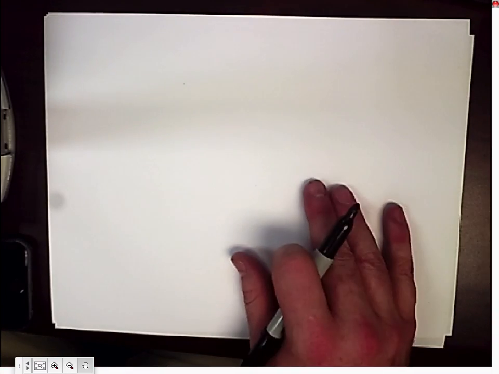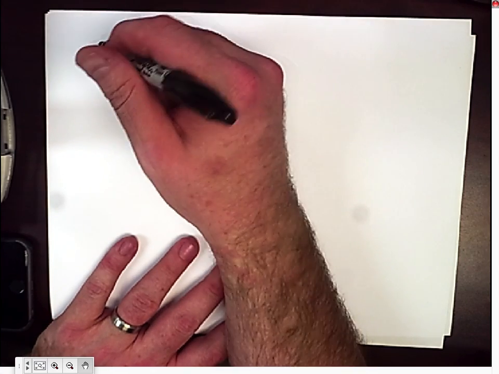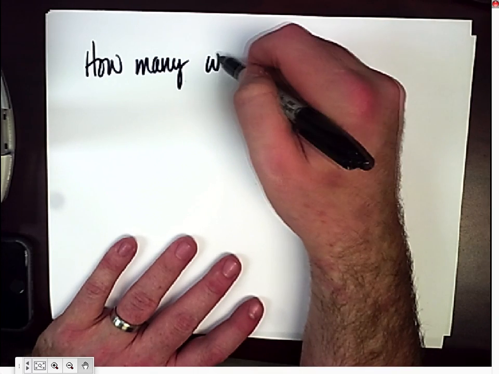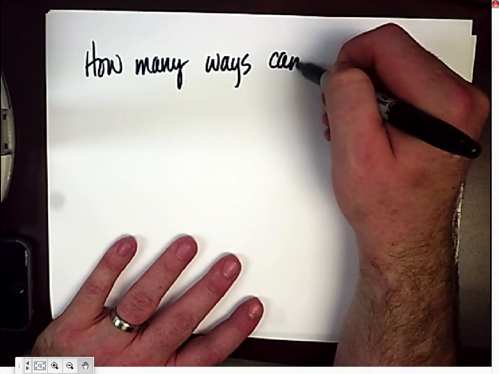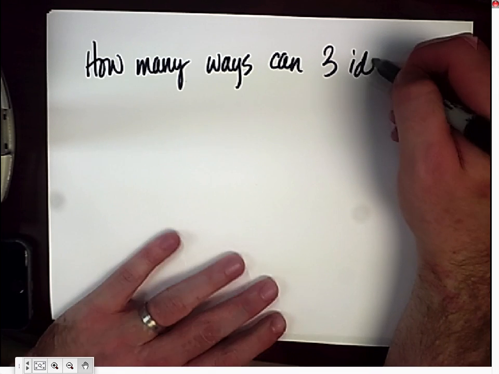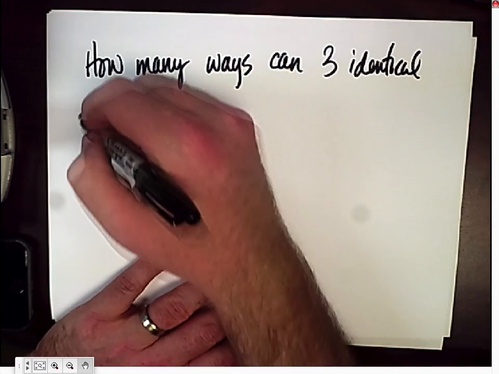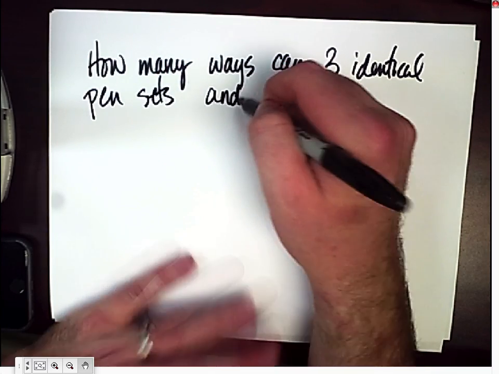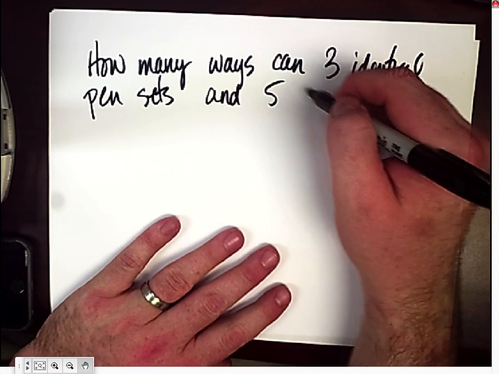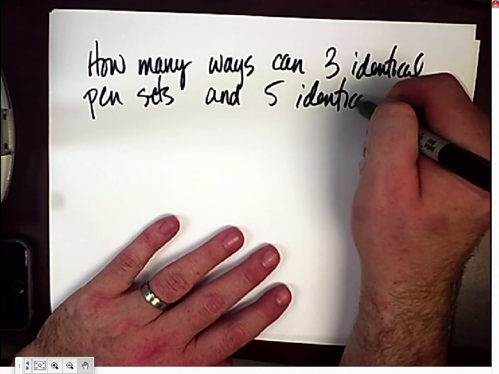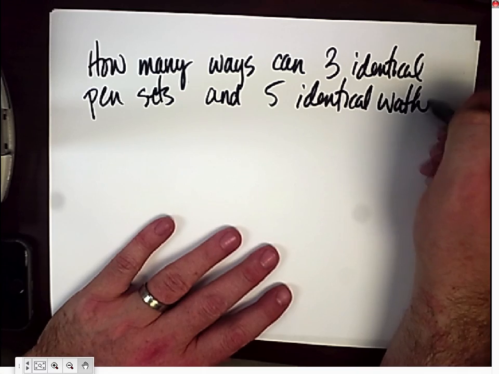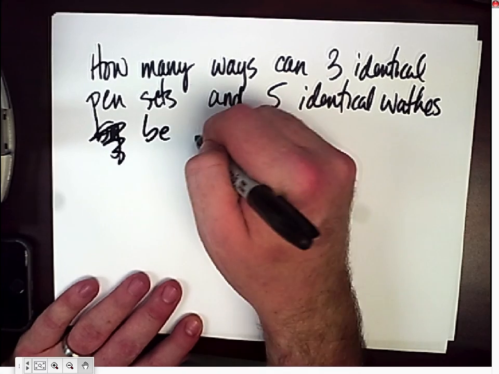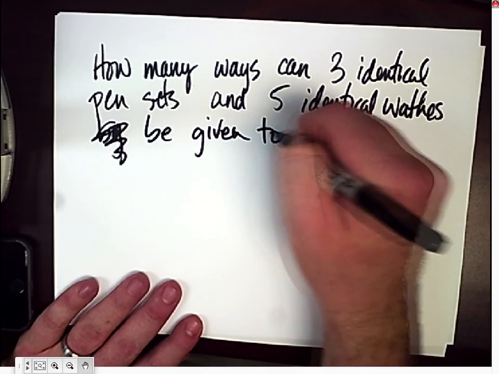Okay? So from the homework, how many ways can 3 identical pen sets and 5 identical watches be given to 8 graduates?